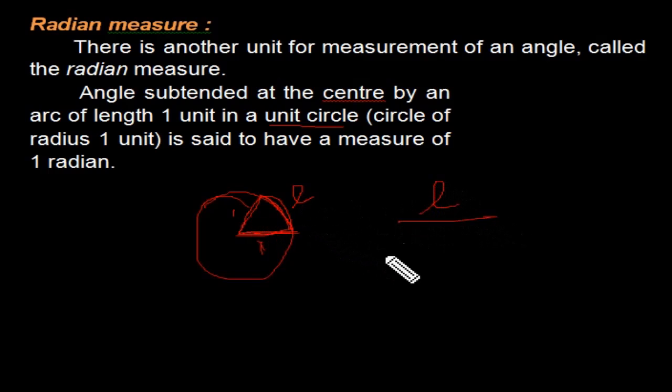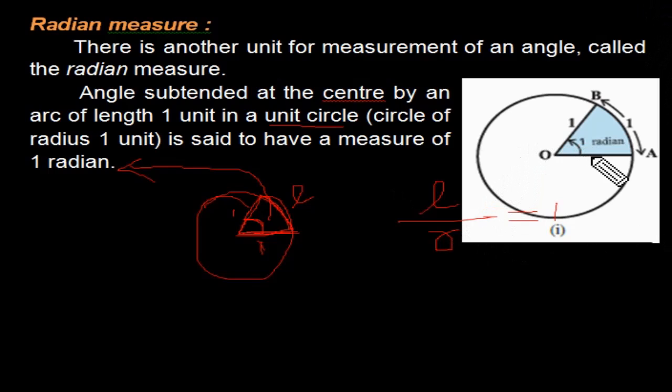If I divide the arc length by the radius and that is equivalent to 1, that is, the ratio of the arc length to the radius is 1, then we call the angle formed here as 1 radian. If the ratio of the arc length to the radius is 1, then the angle subtended at the center is called 1 radian. I will give you the picture.